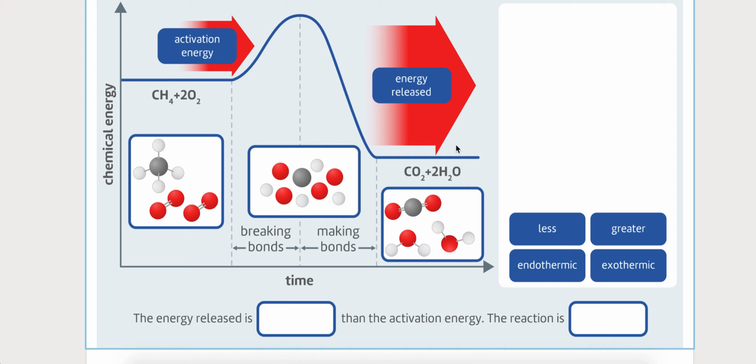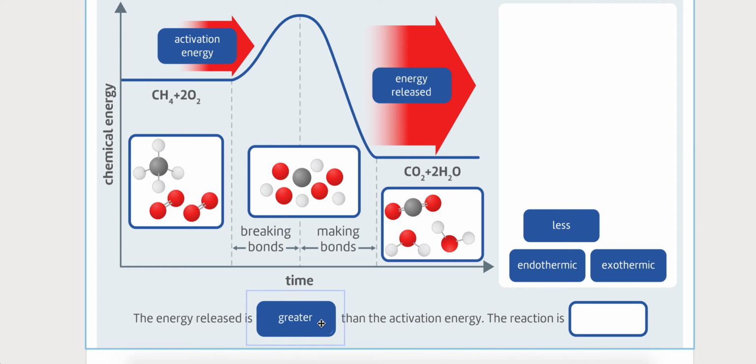So your energy released is lower or less than the activation energy. So as a result, the energy that's released ultimately is greater than the activation energy. As a result, this is going to be an exothermic reaction.